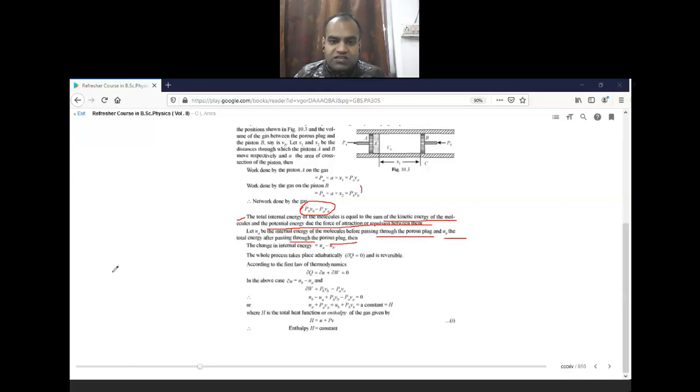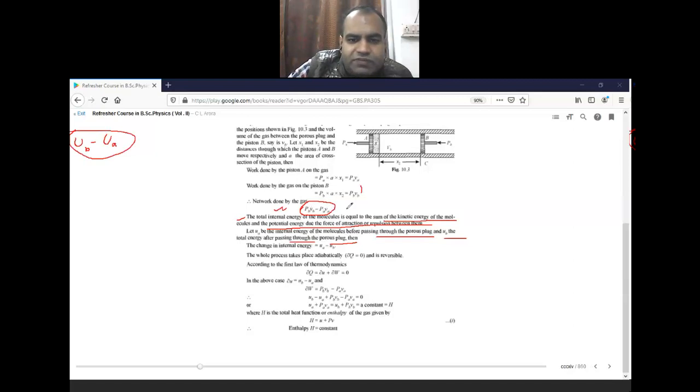Therefore, what is the change in internal energy? In the book it is written UA minus UB, but I would like to write the change in internal energy as UB minus UA.